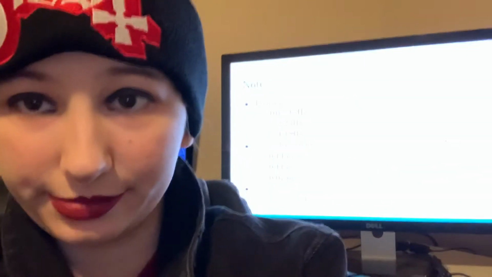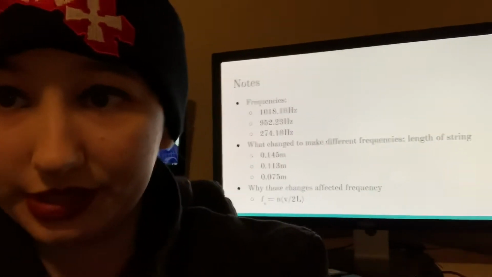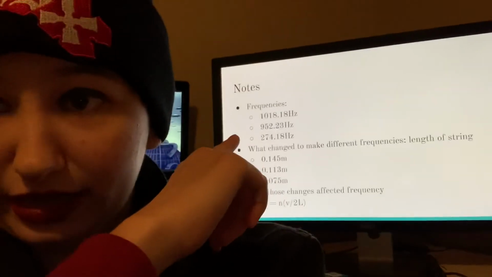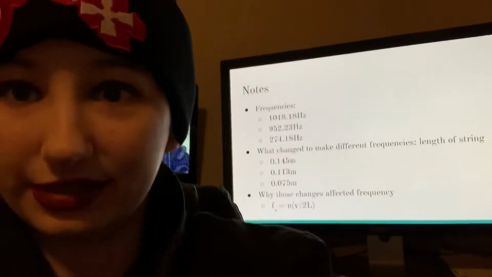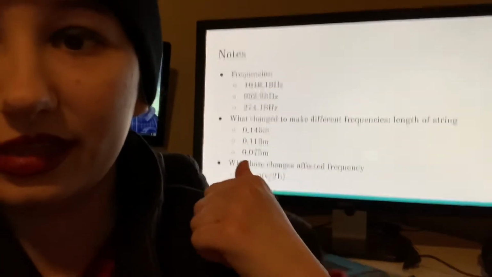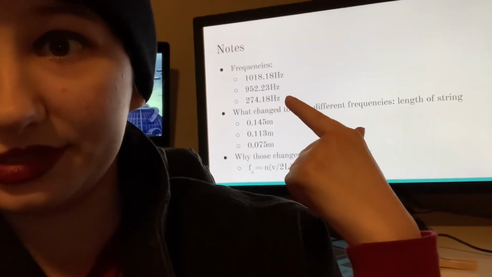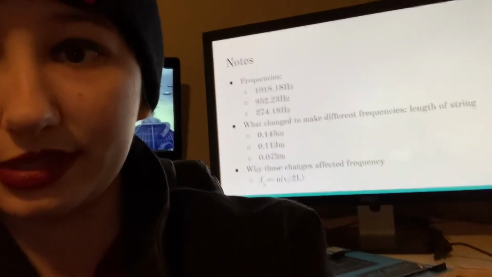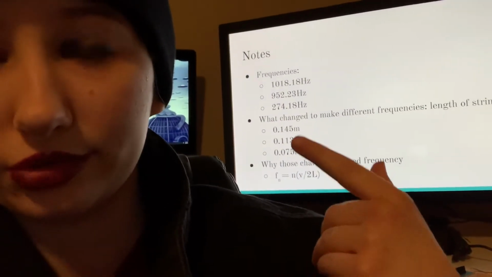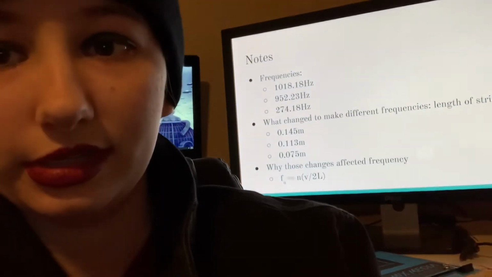Alright, so let's talk about the notes. I already showed you before the frequencies of each of the notes, that top value being the bottom note. And so you can see the length here, it's corresponding to the list of the frequencies. So as you can see, the largest length corresponds to the lowest frequency and the lowest note.